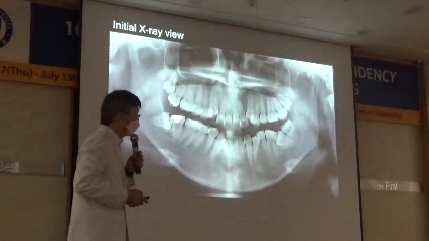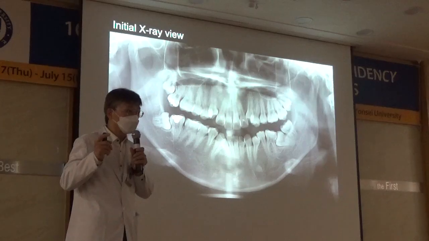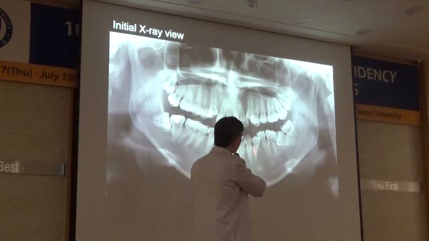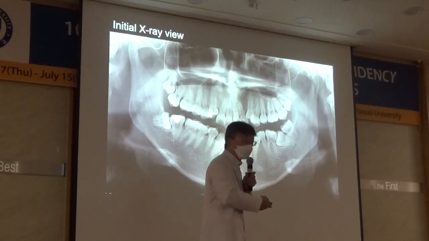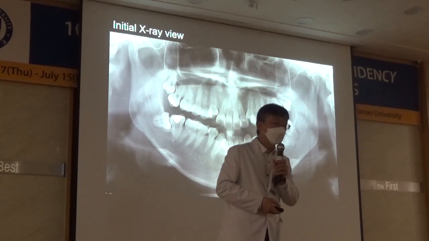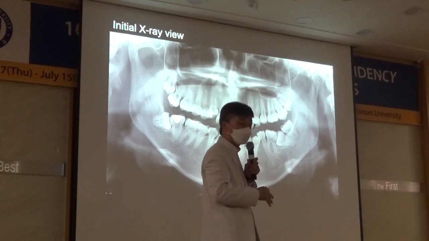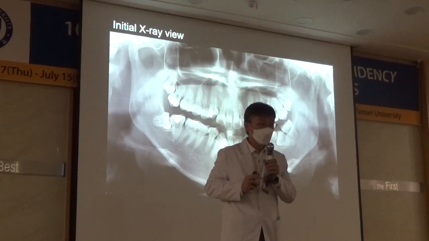And I'll show you this case after his lecture, and try to think about how you troubleshoot the situation. Second molar, third molar, and think about which one you want to extract, because we're not supposed to save all three teeth, right? We have to pull out at least one out of three.